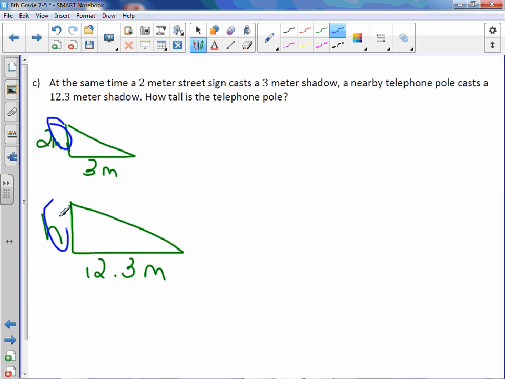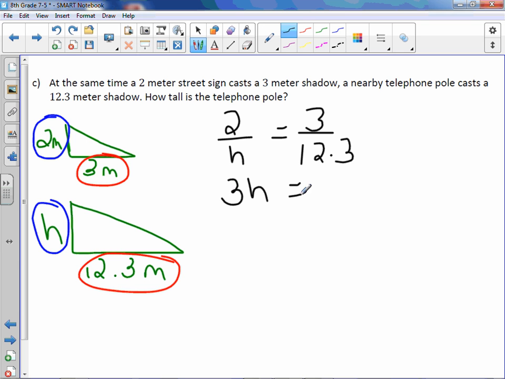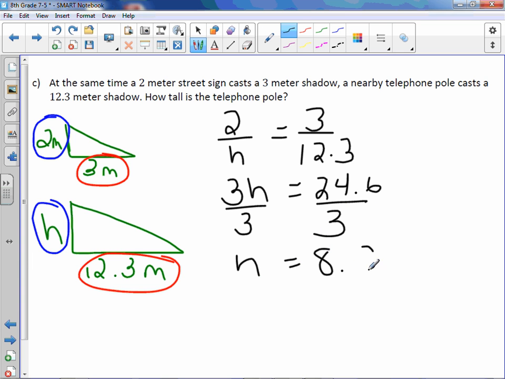So 2 corresponds with H. And 3 corresponds with 12.3. So we have 2 over H equals 3 over 12.3. Cross multiply. 3H equals 24.6. Divide by 3. H equals 8.2, and the unit is meters.